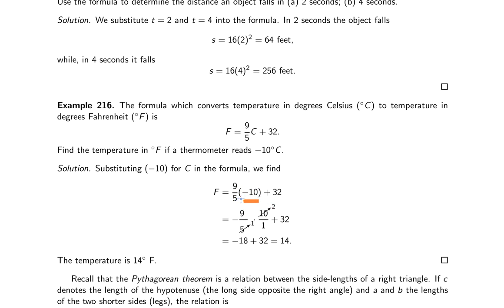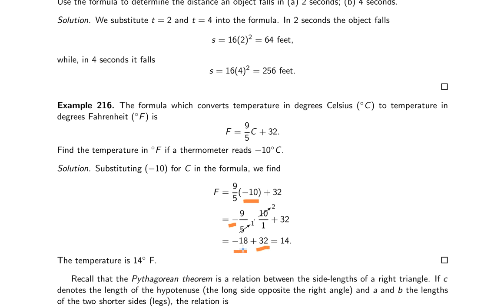It's a positive times a negative, so the whole thing will be negative. So it's negative 9 over 5 times 10 over 1. That's 90 over 5, or even better, cancel those 5s. 10 is 5 times 2, so we're left with 9 times 2 on top and 1 on the bottom, so negative 18.